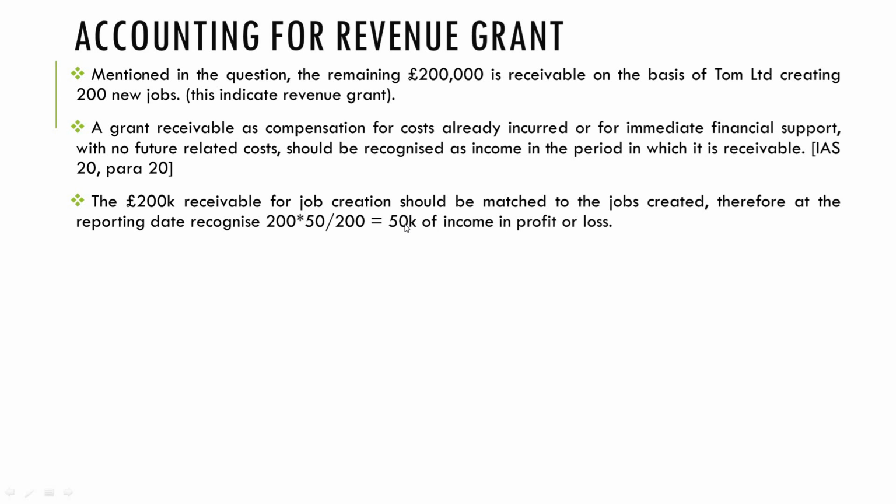Why? Because you have only created 50 new jobs. So the equation is like this. The government gives you 200,000 pound for you to create 200 new jobs. But as of now, you only managed to create 50 new jobs. Okay, so how much should you recognize? You should recognize only 50,000 as part of your grant income.